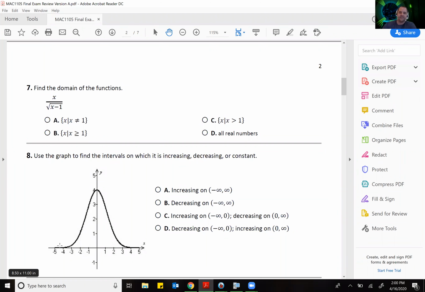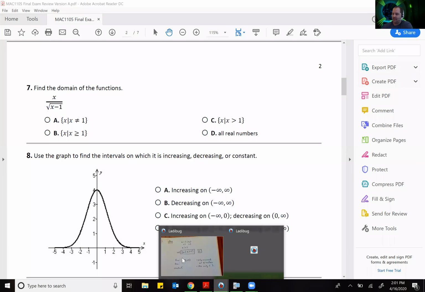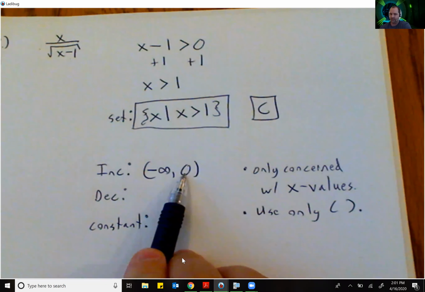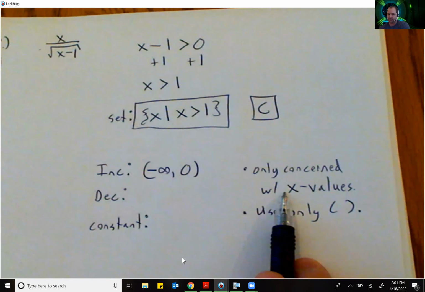When does the increasing end? I'm going up, going up, and all of a sudden I start going back down. When did this going back down start? It started right here at 4. That's the Y value. What is the X value? Well, 0. So we are increasing from negative infinity to 0. Don't put 4 there, that's a Y value. We only care about X values.